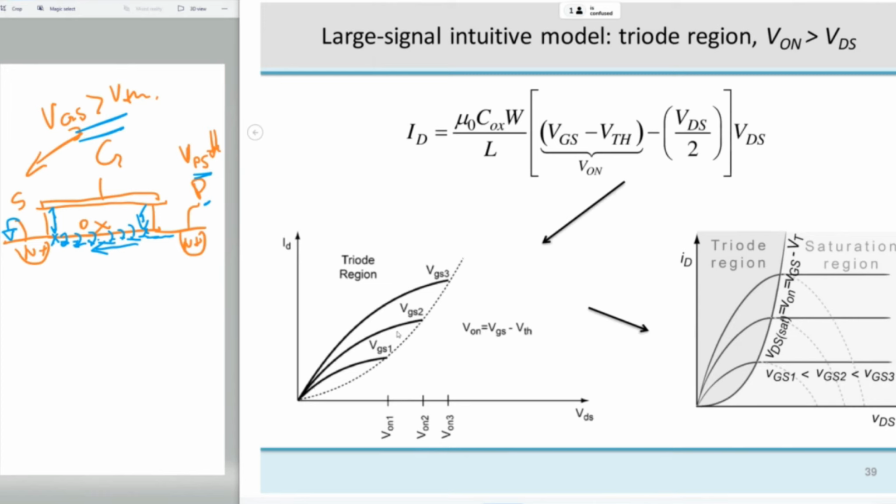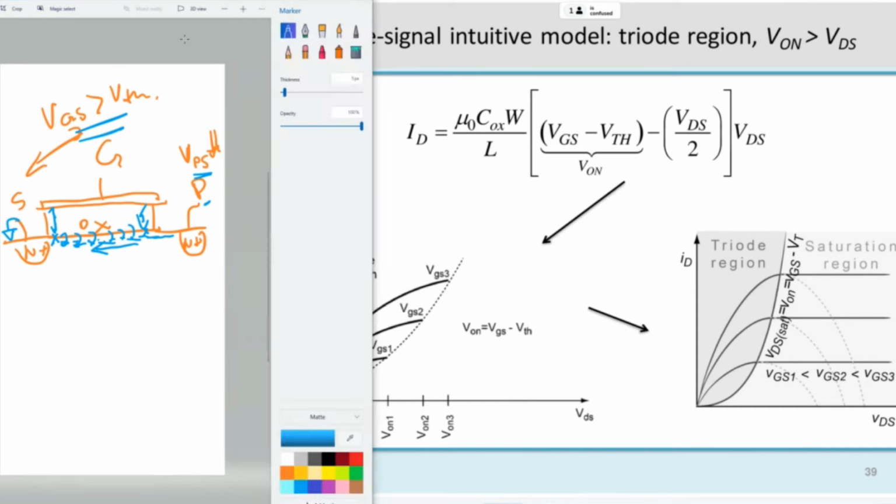So by increasing the drain-source voltage, the rate of increase of current decreases. And why is that? This is because of this term. And the reason for this, we discussed in semiconductor physics and materials, is that when I increase now this voltage here, drain-source voltage increases.